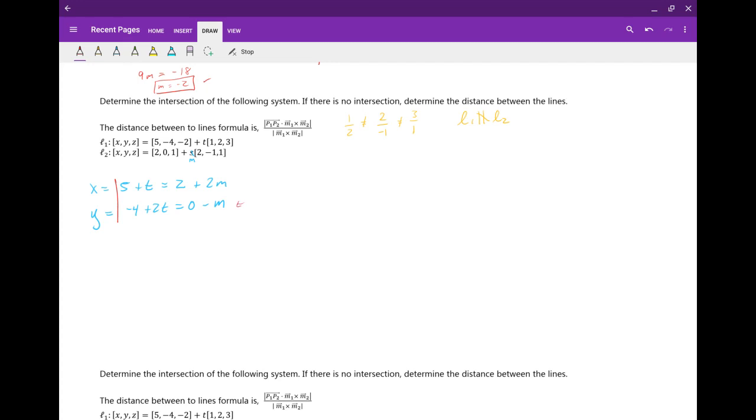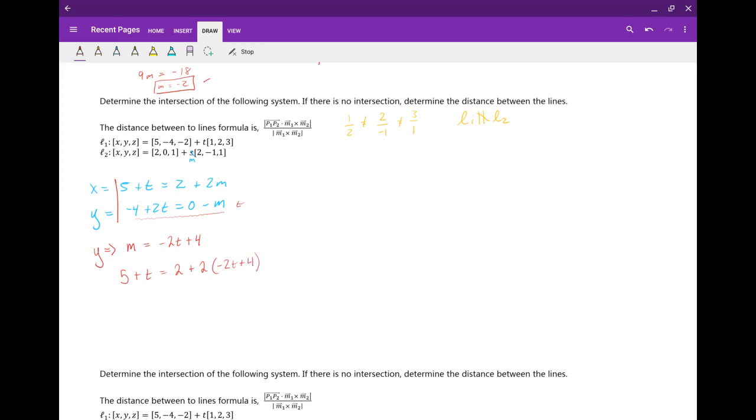Here it looks like I've got m pretty close to being isolated, so I'm going to write down the y equation: m equals -2t plus 4. I just took the y equation and solved for m there. Now I'm going to take the x equation and write 5 plus t equals 2 plus 2m, but remember m is -2t plus 4.